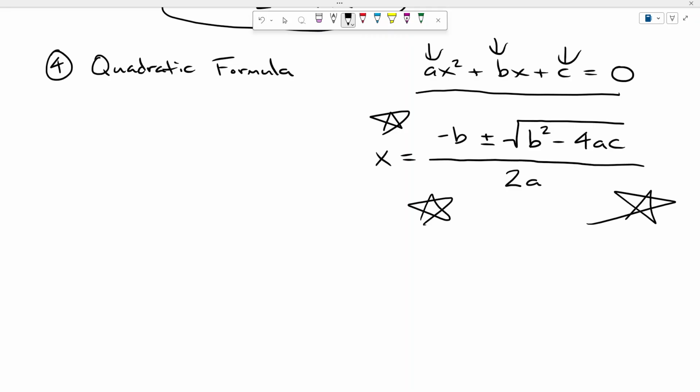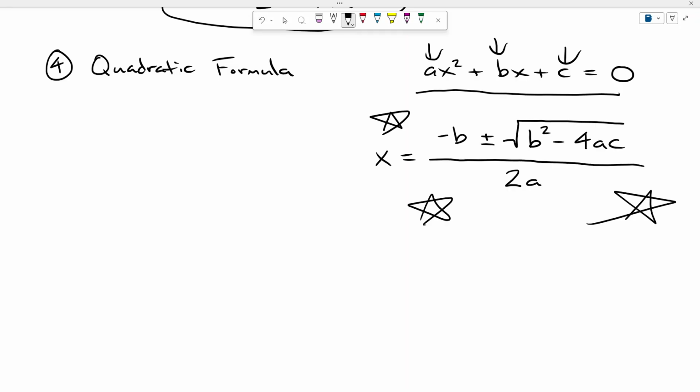And just a quick note, while I'm thinking of it. Be careful with this negative b, because sometimes, especially when you're subtracting a b, like maybe it's minus 3x, be careful when you're inputting that, because you'd be taking a minus 3, which would become positive, right?